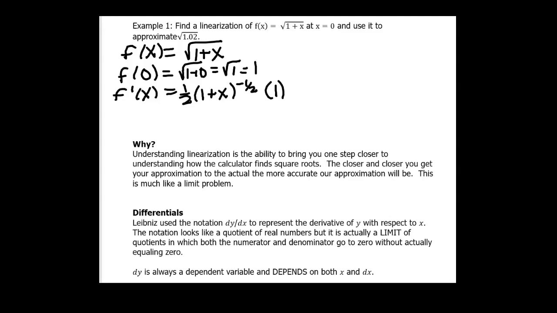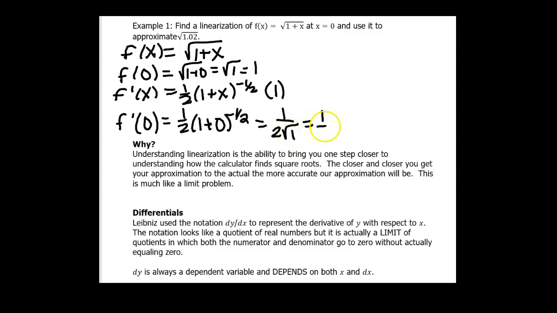And then I need f prime of 0, which is 1/2. So then f of 0 and f prime of 0 in terms of the linearization function are f of a and f prime of a.